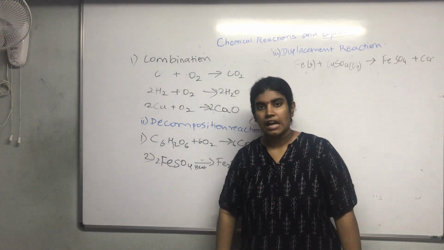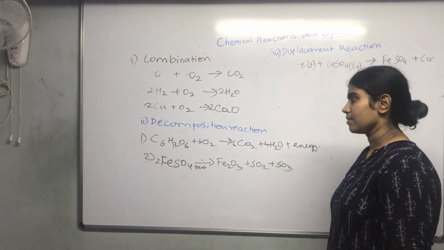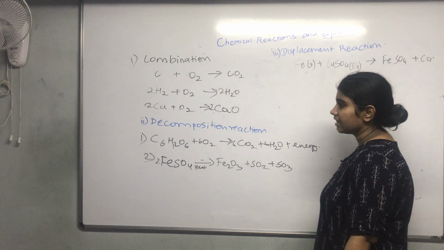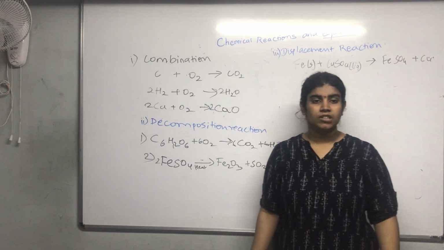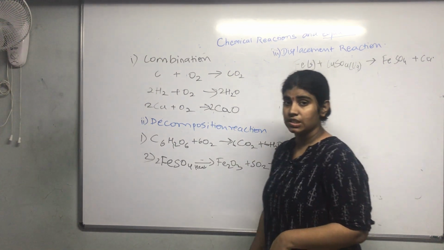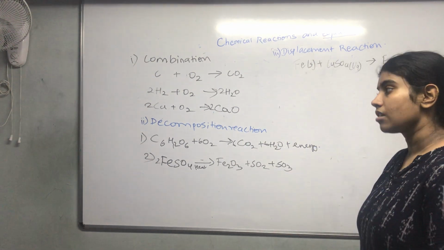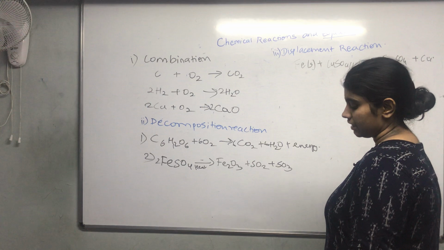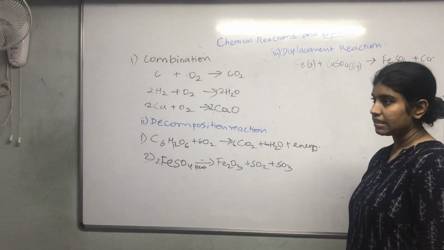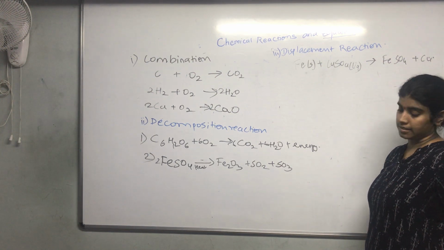When the nail is immersed in the solution of copper sulfate, the iron on the nail reacts with the copper sulfate and iron sulfate is formed. Therefore the dark blue solution turns out to be faded. Fine. So this is displacement reaction, wherein one substance is displaced by another substance.